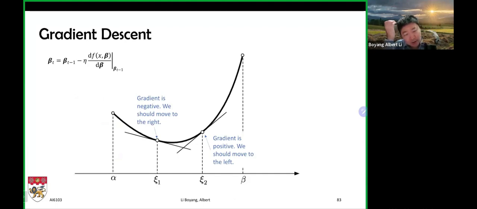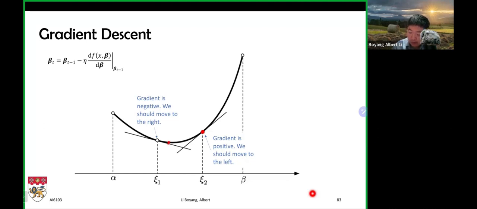Okay, so why do we subtract the gradient from the current value? This is an intuitive illustration. Let's say we are here. This is our starting point, and we want to get to the minimum. I think it's probably somewhere here.